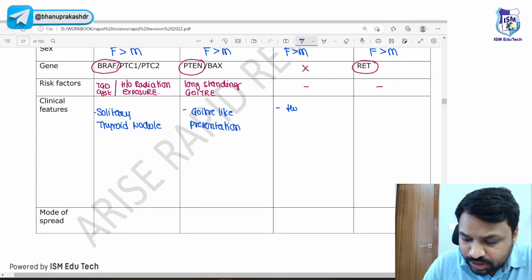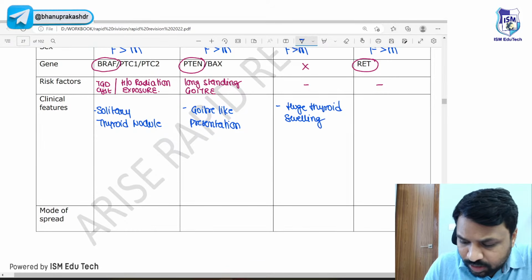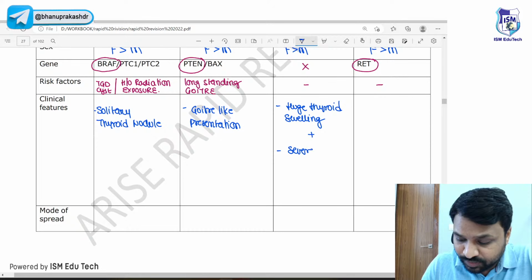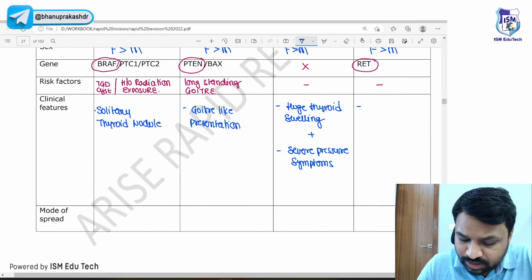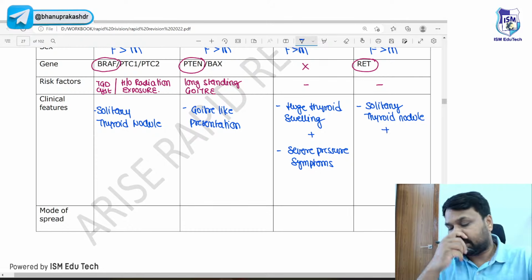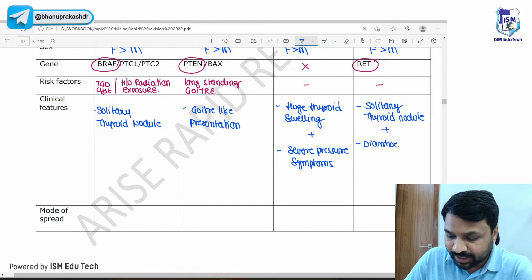Here you will see there is huge thyroid swelling, but along with huge thyroid swelling, it is also associated with severe pressure symptoms. Medullary cancer is going to present to you as a solitary thyroid nodule. But along with the solitary thyroid nodule-like presentation, it is also associated with diarrhea.